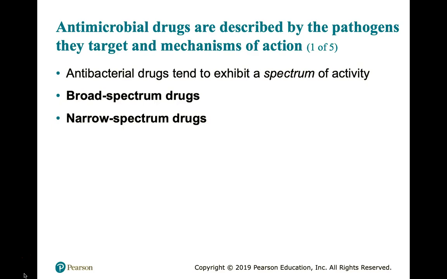Two types of extents of which these drugs work: broad spectrum versus narrow spectrum. Broad spectrum is just exactly what it sounds like. It attacks a wide variety of organisms, whether it's gram positive or gram negative or other atypical pathogens, so in terms of their cell wall, because penicillin, for instance, attacks cell walls.